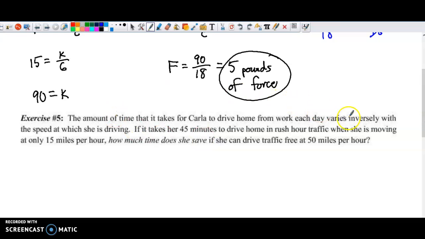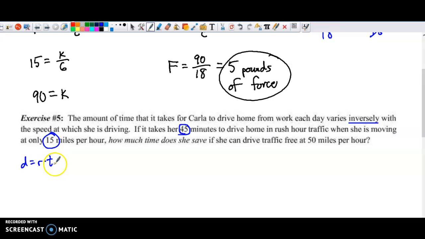Here's another situation where we're varying inversely. Even if you're not very good at reading, I hope you can identify some of the key words. If it takes 45 minutes to drive home in rush hour traffic when we're moving 15 miles an hour, so however you want to set it up. This is actually a distance equals rate times time problem.